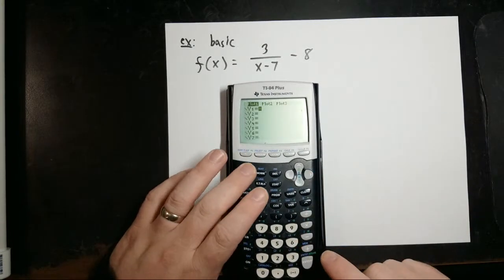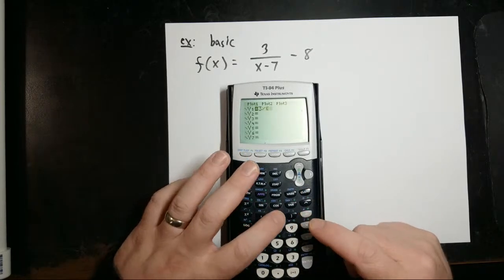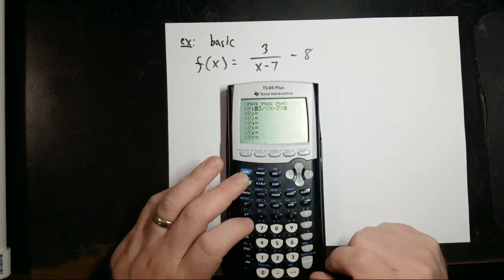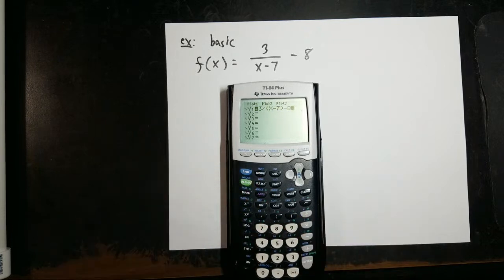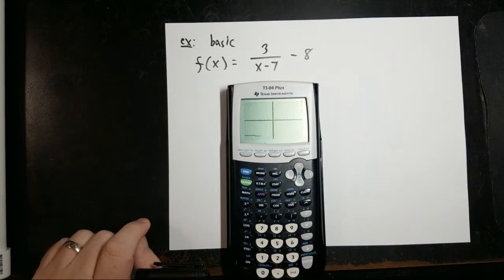Just make sure that you're very careful with how you're typing in the bottom of the fraction. As you can see right there, I put the x minus 7 in its own little set of parentheses. Parentheses will save your life. If you decide not to use those parentheses, it will mess up on you. So please be careful. If I were to hit graph, this is what I get.